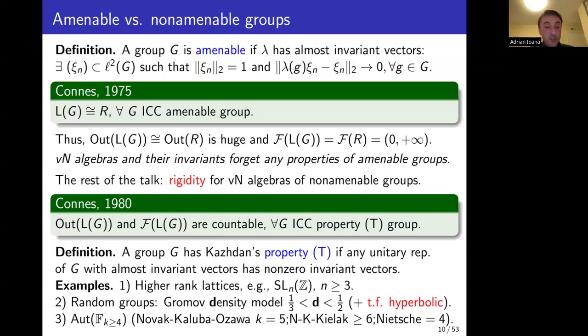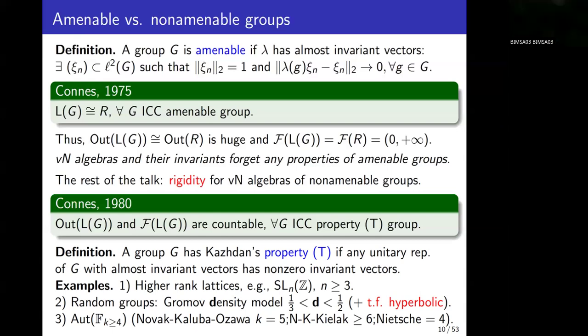So these groups are also known to have property T with overwhelming probability and also to be torsion-free and hyperbolic. And a more recent result from about 5 years ago is that the automorphism group of any free group on at least 4 generators also has property T. So this is a result that was first proved by Kaluba, Nowak, and Ozawa for k equals 5, and then by Kaluba, Nowak, and Kielak for k at least 6, and Nitsche for k equals 4.